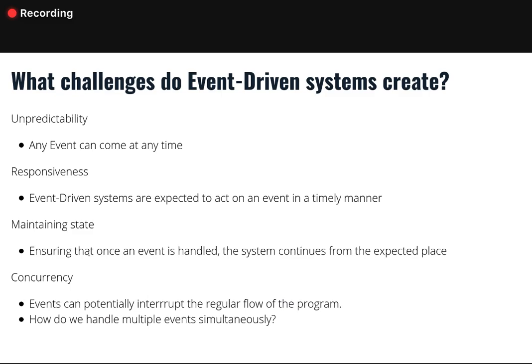Some programming languages are explicitly designed to not worry about concurrency issues and maintain consistency across the board at the expense of performance, whereas other programming languages allow us to run multiple events simultaneously and then potentially modify the same piece of data simultaneously. And things can get weird if we're not careful. As an investor, these are all the things that we want to take into consideration when we are looking at an event-driven system.